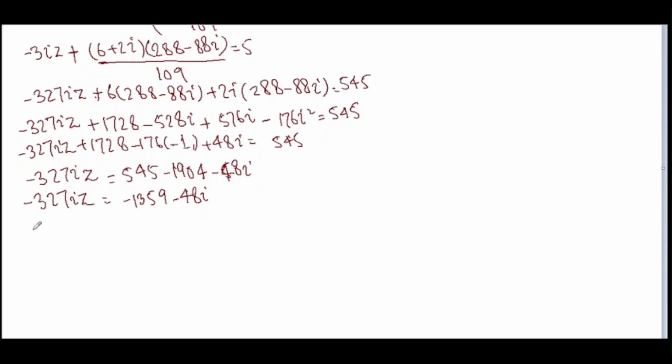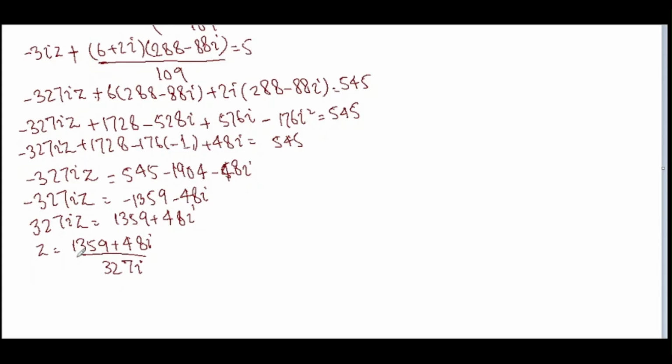Taking all these negative signs common and cancelling them, we get 327 iota z equals 1359 plus 48 iota. Now z equals (1359 plus 48 iota) whole divided by 327 iota.